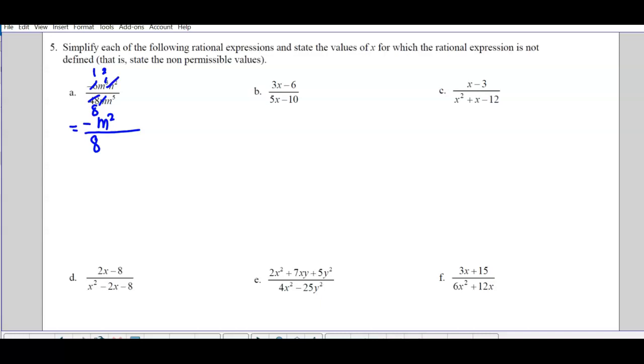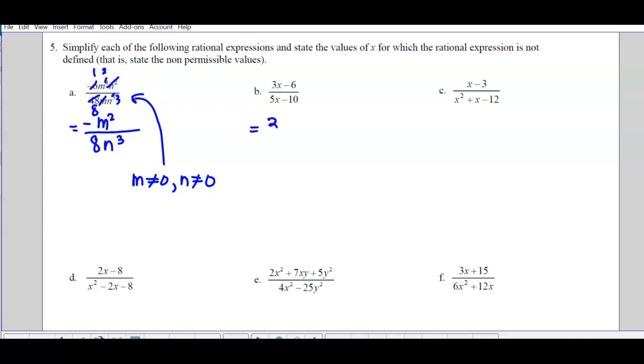And n squared goes into n to the 5th, n cubed times. Back up here, it's really already factored. So m cannot equal 0 and n cannot equal 0. There's no adding and subtracting in it, so it's going to be just zeros.